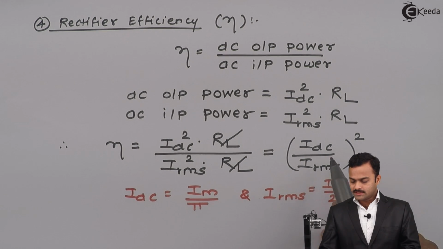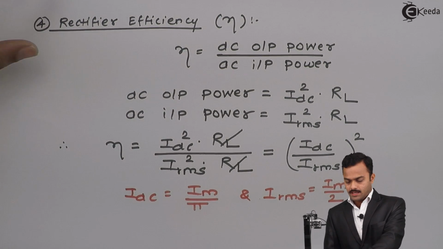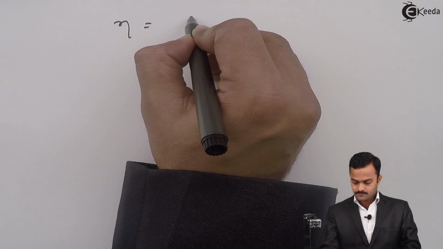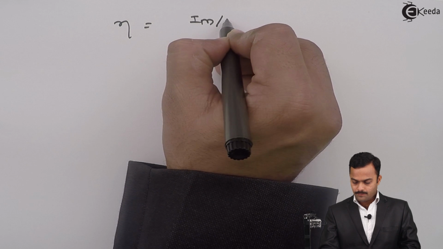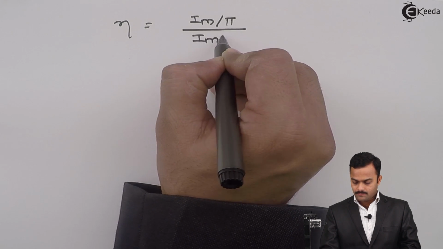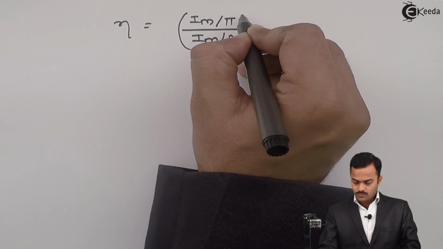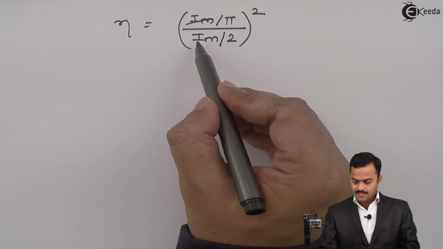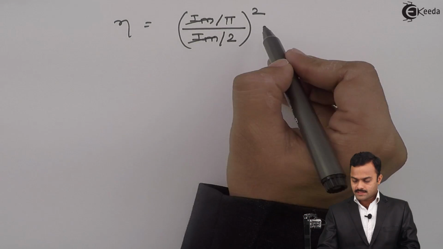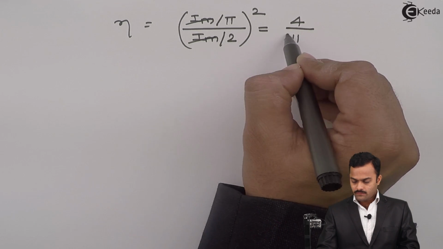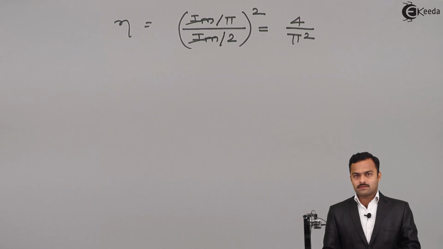So we just substitute these values over here and we will get rectifier efficiency as Im upon pi divided by Im upon 2 whole square.